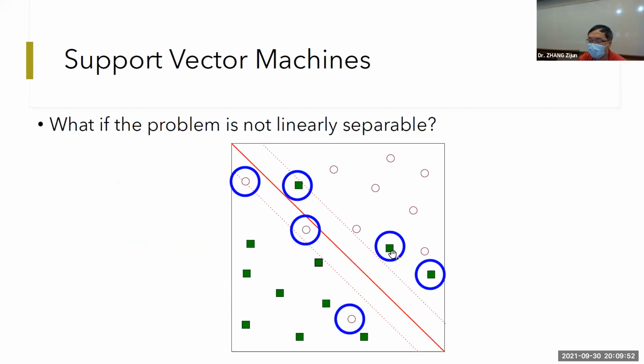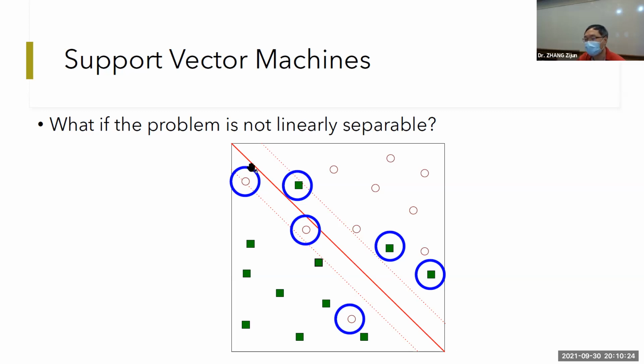Then you may come across the question: how about the data points in between the boundary? It is possible that the data cannot be linearly separated. That means whatever way you change the decision boundary, there will always be some ambiguous data points which cannot be easily separated by a decision boundary.